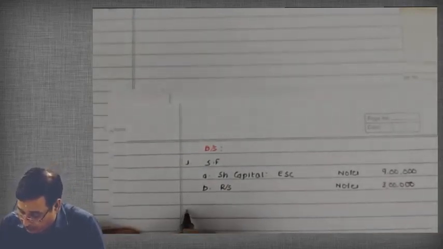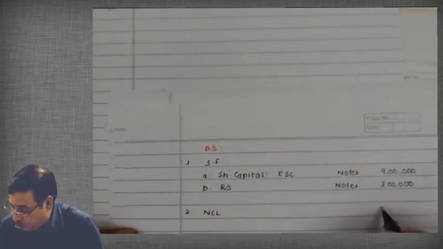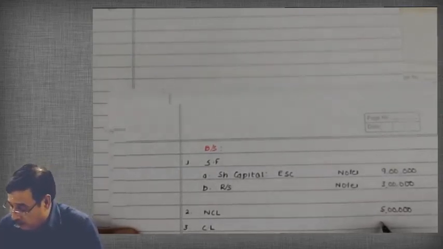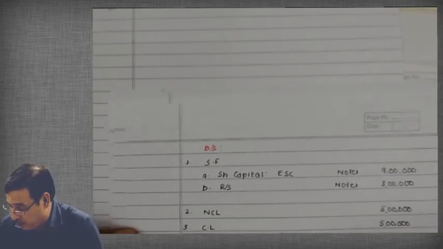Then we write here non-current liability. There is no change in non-current liability, that is 5 lakh. There is no change at all in current liability also. Current liability also happens to be 5 lakh. So total you can see is 22 lakh.